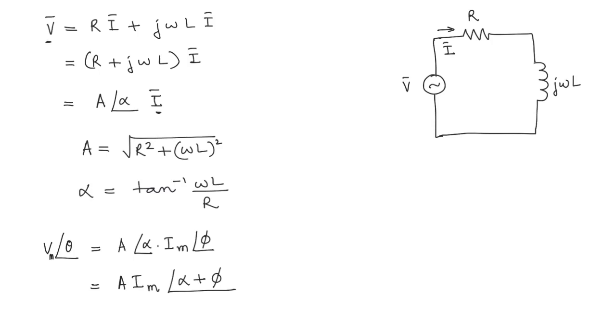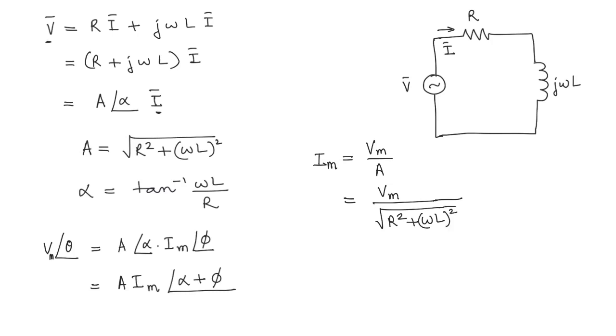Okay, and now it's very easy to find the relationship between Im and Vm, right? So what is Im going to be? Im is equal to Vm over A, which is going to be Vm over square root of R squared plus (omega L) squared.